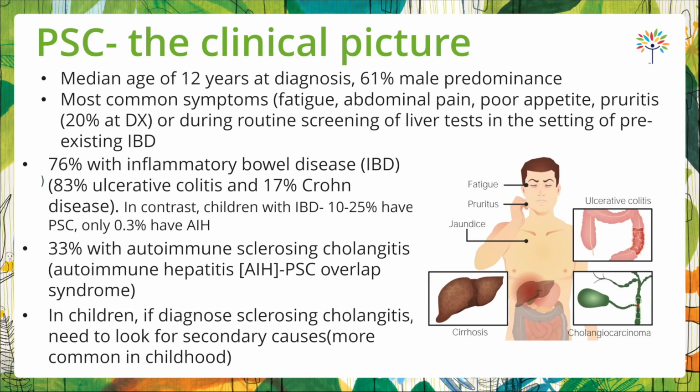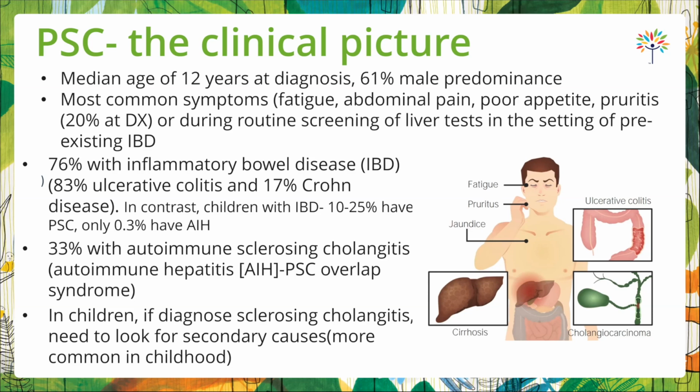Or if you are one of the majority that also already has inflammatory bowel disease, ulcerative colitis or Crohn's disease, it may be that your doctor has been screening liver function tests and has discovered the PSC on these screening liver function tests. Indeed, we know that about 3/4 of children with PSC either already have or will get inflammatory bowel disease, and most of these children will have ulcerative colitis as opposed to Crohn's disease.